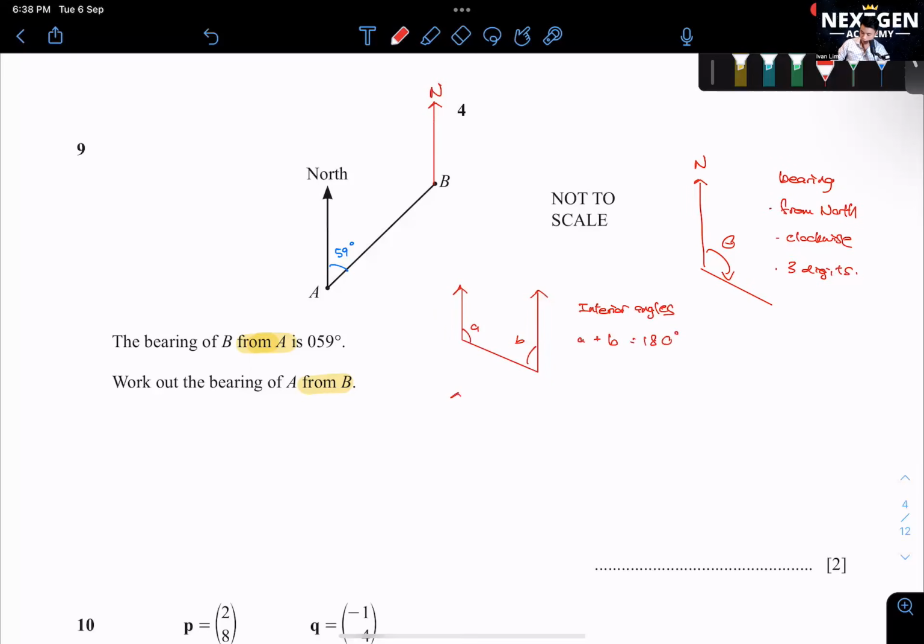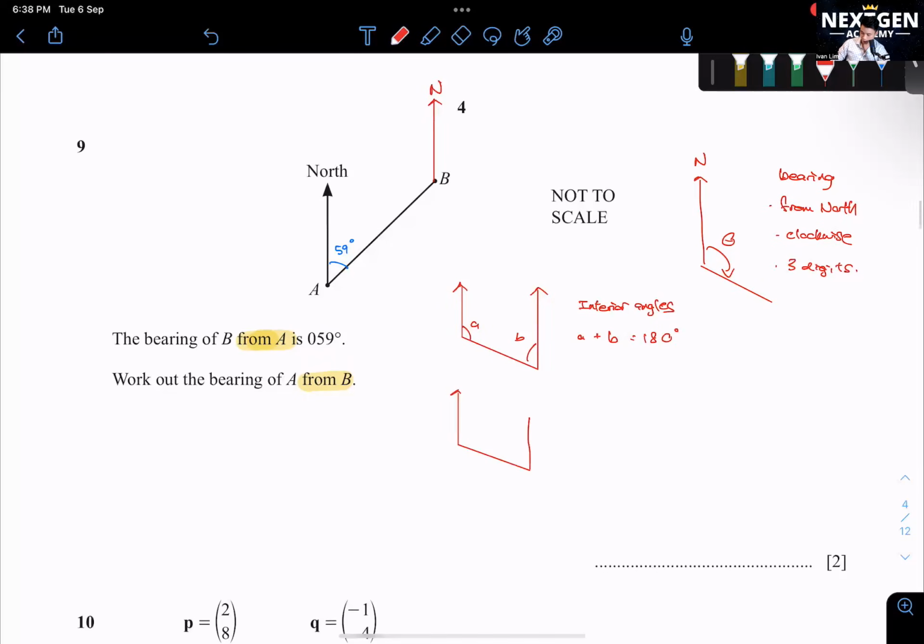Often you will need to use this application of the interior angles. Another one that you might sometimes use, because you've got my north and my north, is this. Let's put it as x and y. This one is called alternate angles, where your x is equal to y.